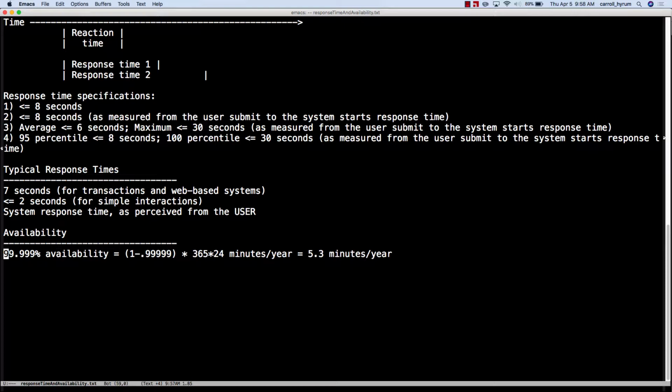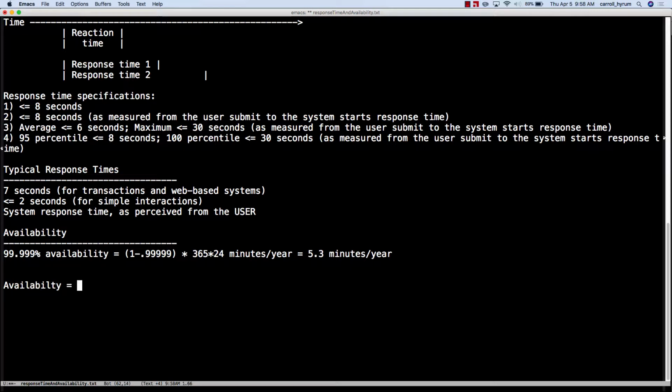Because that's just amazing. Google's not even up that much. They've had problems with their website that's been down an hour in the last year or two. That's really high.